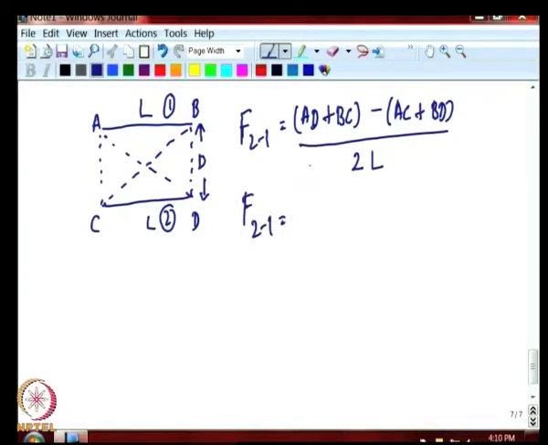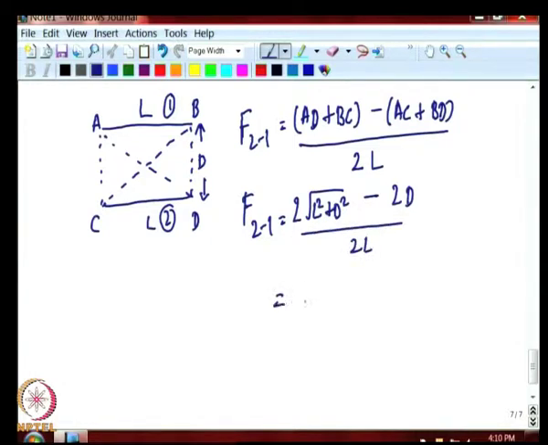AD, you know, is the square root of L squared plus D squared, plus BC is another square root of L squared plus D squared, it is all symmetric here, so 2, minus AC and BD, which are both D's.